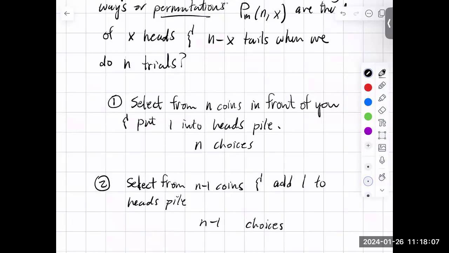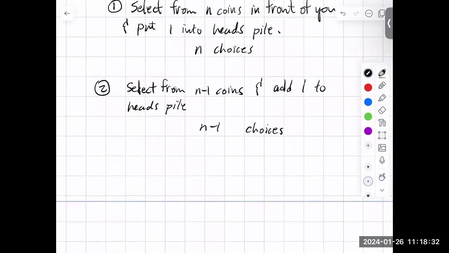All right, so now I have two coins in the heads pile. If I want to get up to X coins in the heads pile, when I make that choice, I will have how many coins left to choose from? So I previously chose X minus 1, so I would have N minus (X minus 1) coins left to choose from. So we're going to keep going.